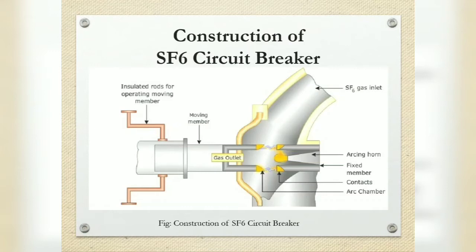So the arc quenching medium is our SF6 gas. So here are the arcing horn, the fixed chamber, the moving and fixed contacts and the arc chamber. So you can note down the figure of the SF6 circuit breaker.